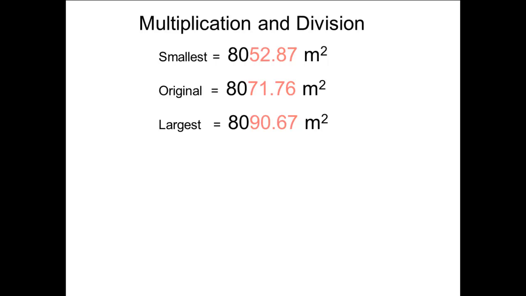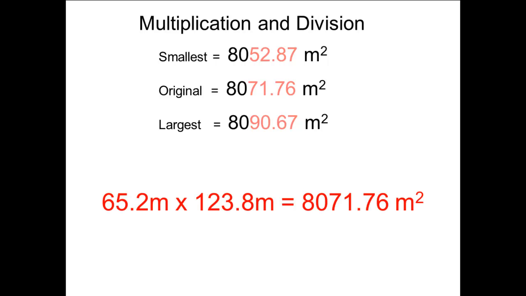Rather than going through this exercise each time, let's compare this to our original measurements. They were 65.2 meters by 123.8 meters equals 8,071.76 square meters. The first measurement is good to 3 sig figs, and the second is good to 4 sig figs.